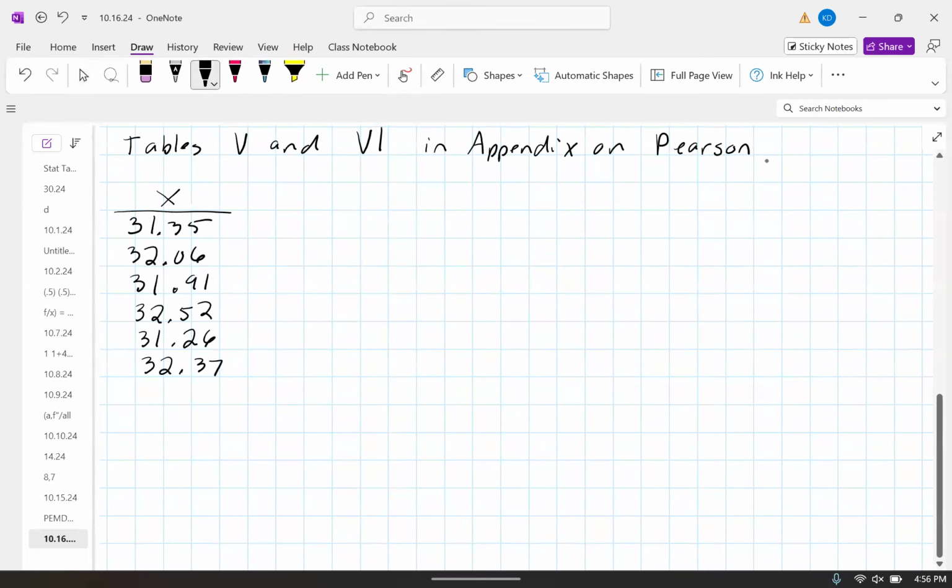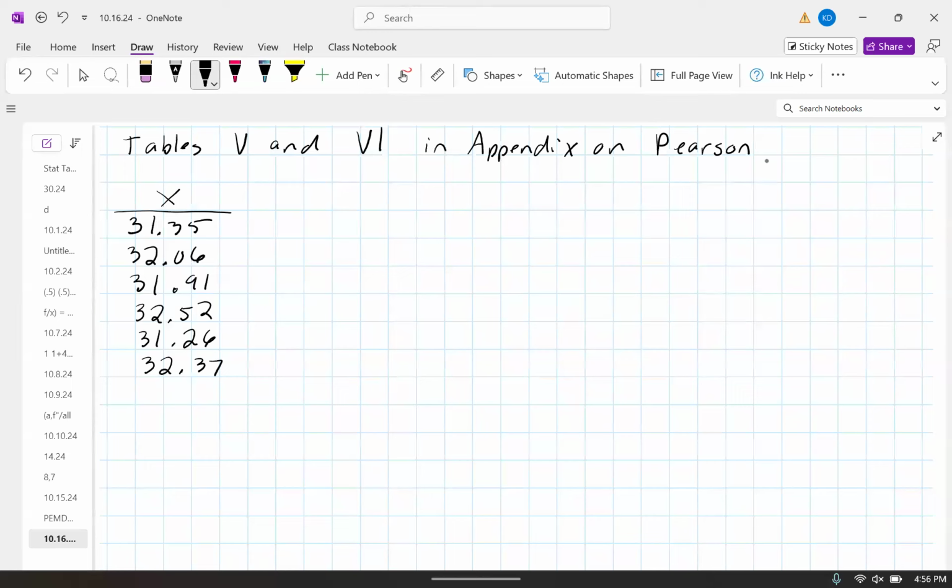Okay, so here's my data set: 31.35, 32.06, 31.91, 32.52, 31.26, and 32.37.